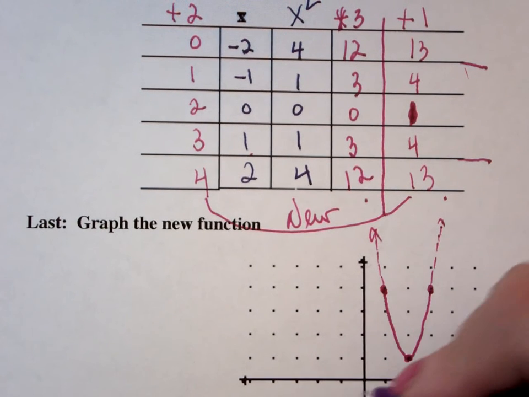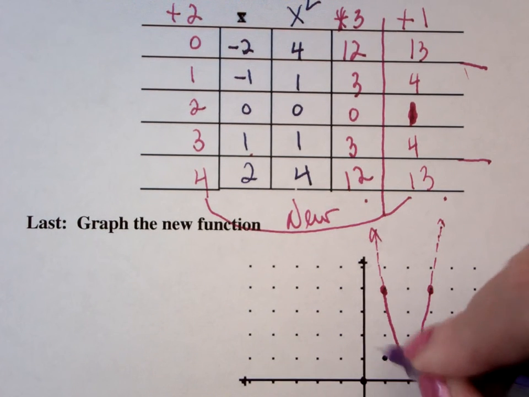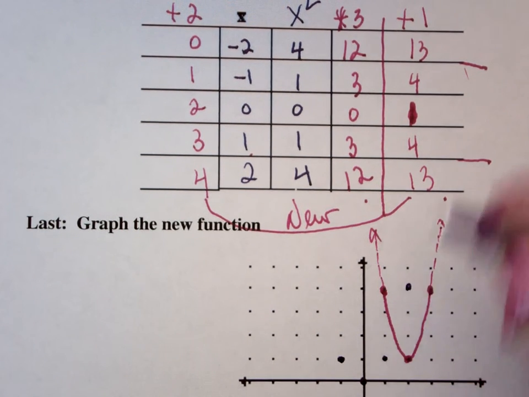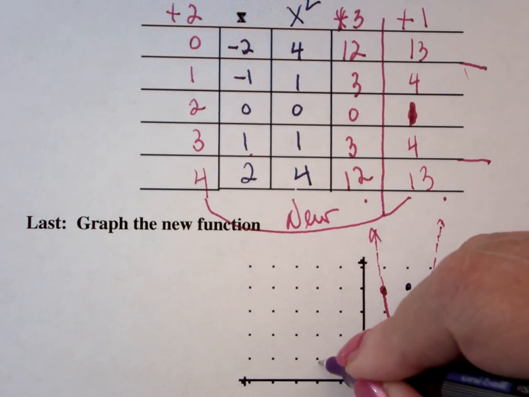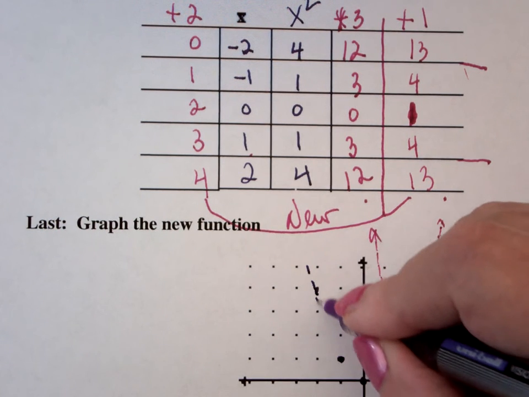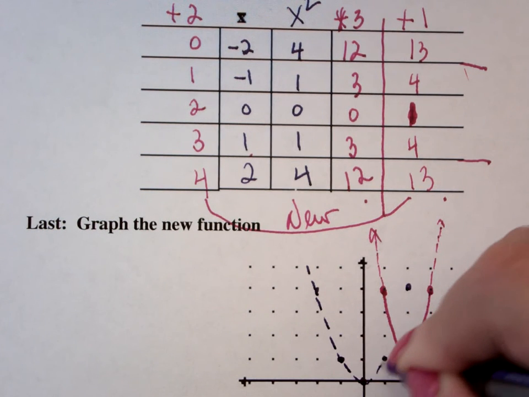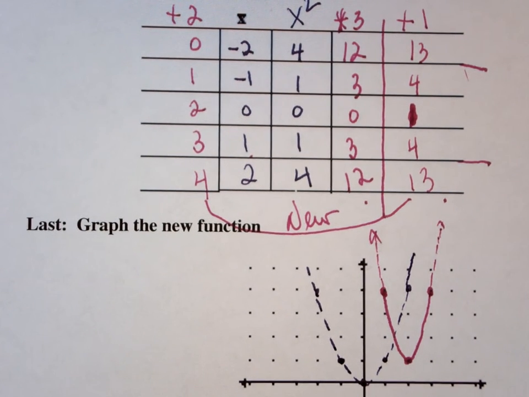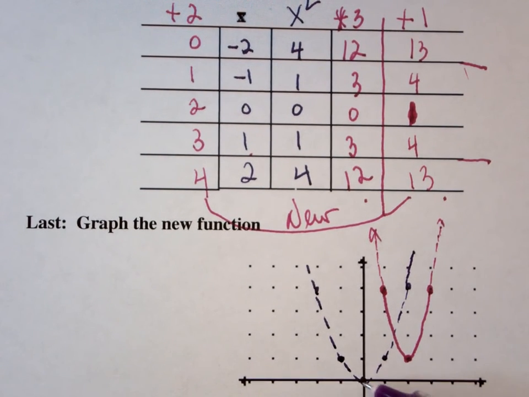So if I look at the basic is 0, 0, 1, -1, 2, 4. I'll put him in dotted. Now, that's the basic. Do you notice he's been moved over 2 and up 1, because you can follow the vertex.